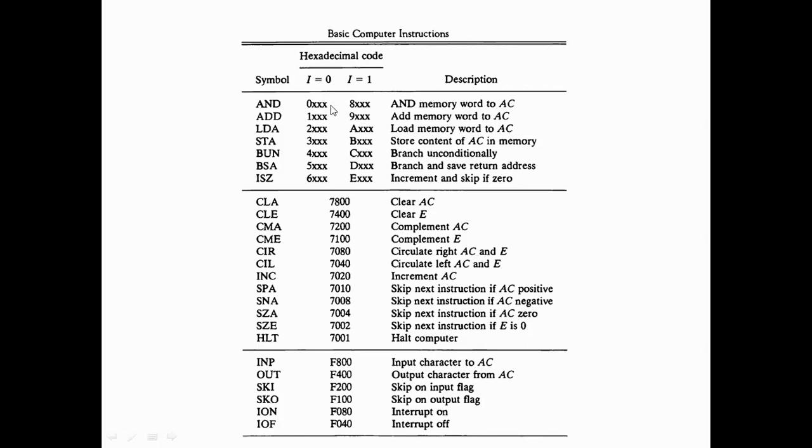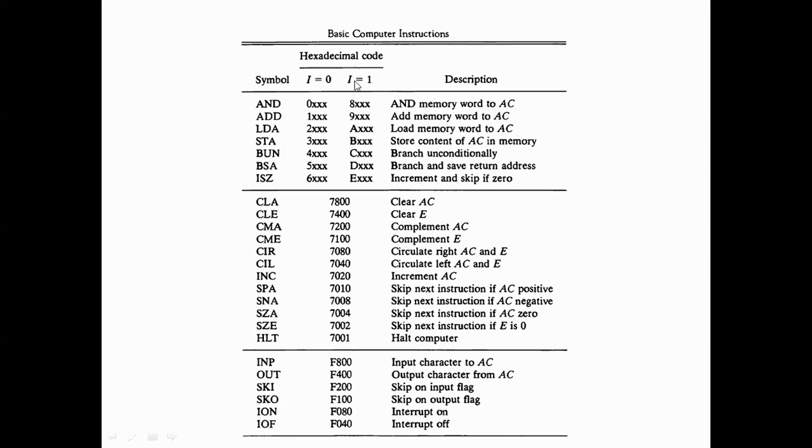It will be 3 digits in hexadecimal. In the same way, if it is an indirect address, the I bit will be 1, and for AND the opcode is 000, so 1000 means 8, and then there is the address. For ADD the opcode is 001, so here it becomes 0001, that is 1, and the remaining part is the address.